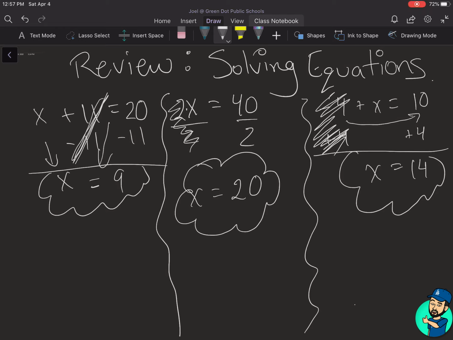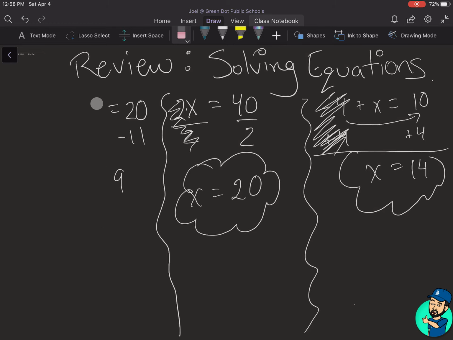Do you guys remember what to do when there's a fraction? Let me erase the first one. What if there was a fraction here? What if it was 2/3 x equals 10?